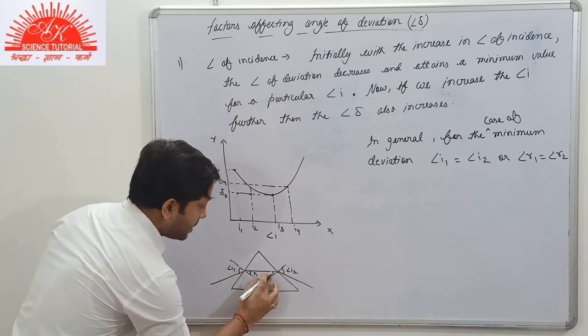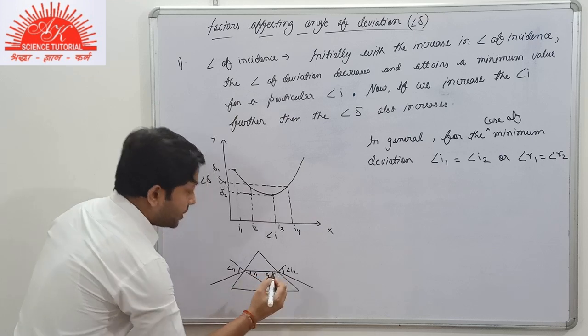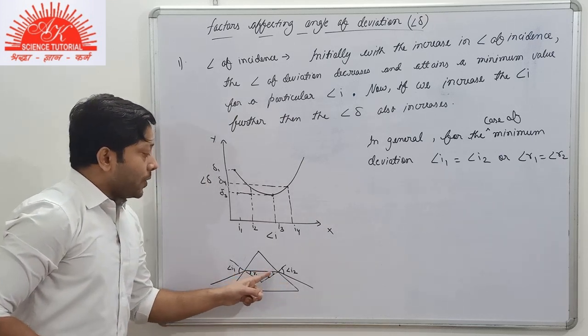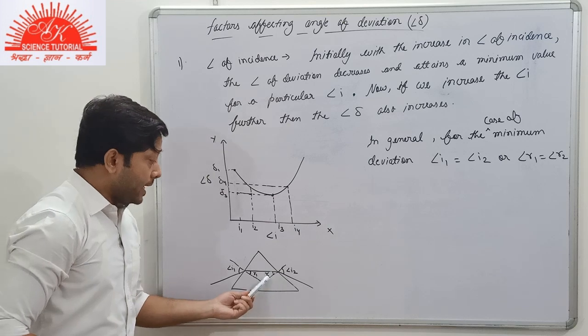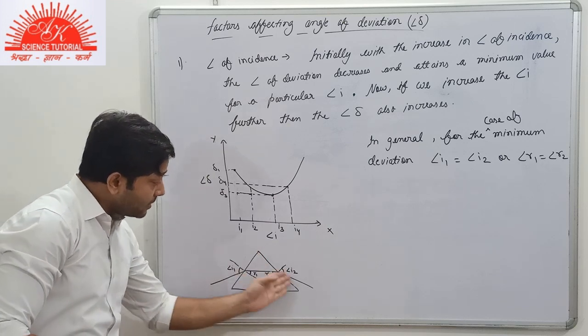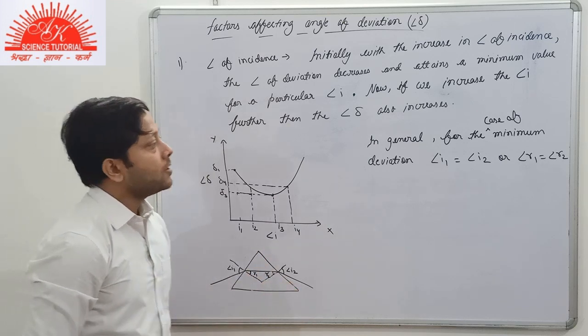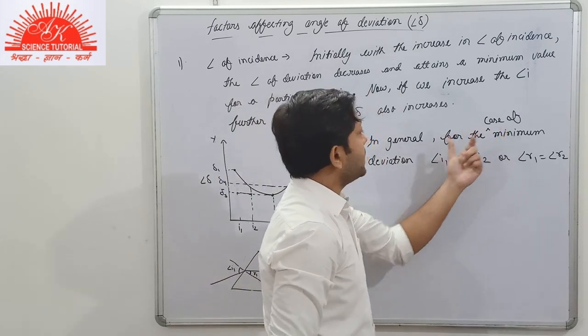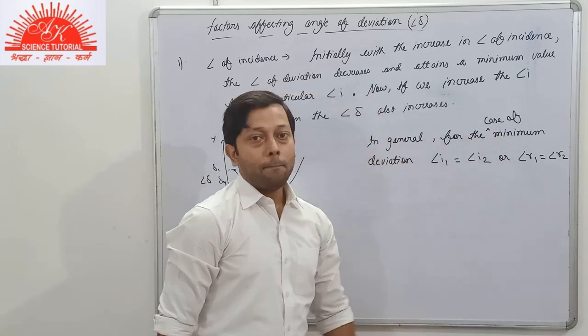I already told you about this part. So this R2 here is the angle of incidence when refraction takes place at the second surface of the prism. So for this condition, the deviation will be minimum.